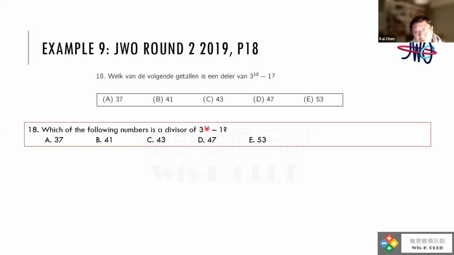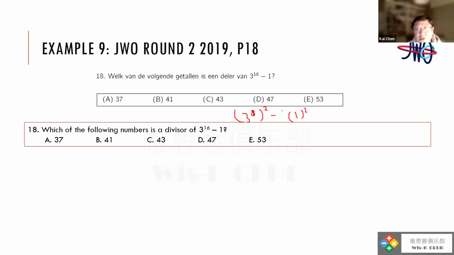And 3 to the 16 is also the square of 3 to the 8th. So actually here you get 3 to the 8th squared minus 1 squared, right?